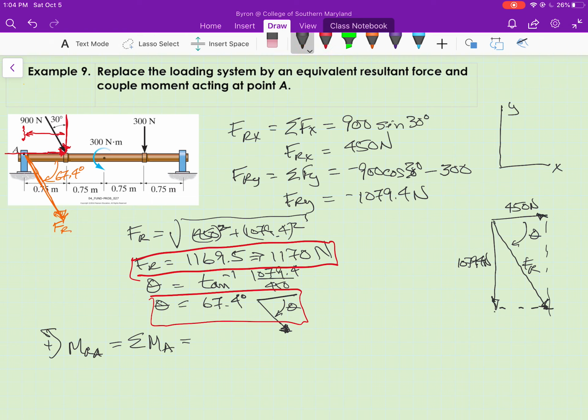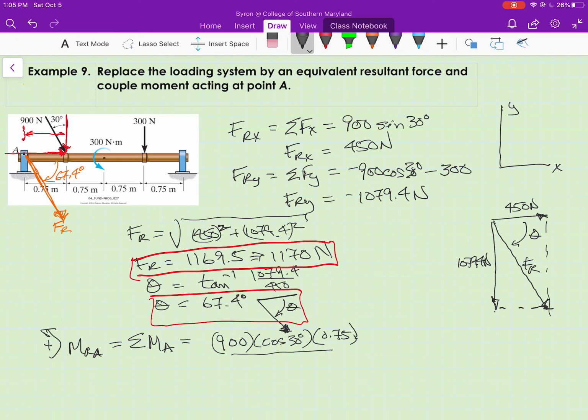So the moment of the y component of the 900 Newton force is going to be its magnitude, which is 900 times cosine 30, and then the perpendicular distance is 0.75.